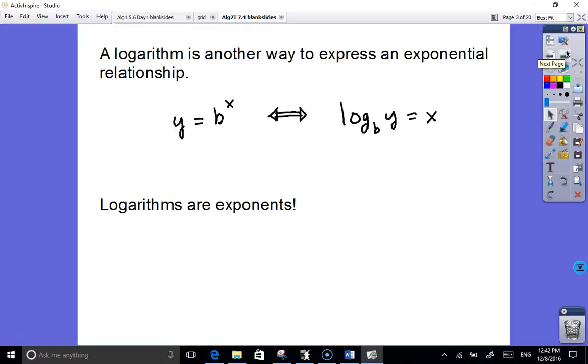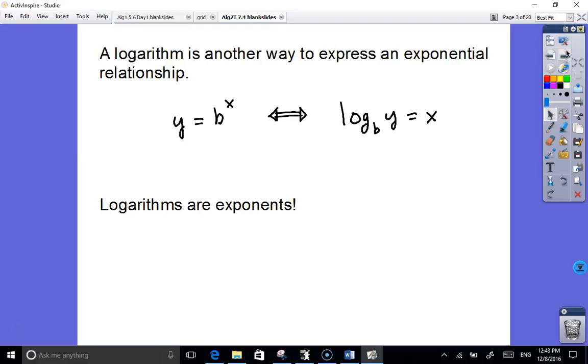So a logarithm is another way to express an exponential relationship. So y equals b to the x, which is something we did in the last lesson, could be written, using logarithm notation, log base b of y equals x.